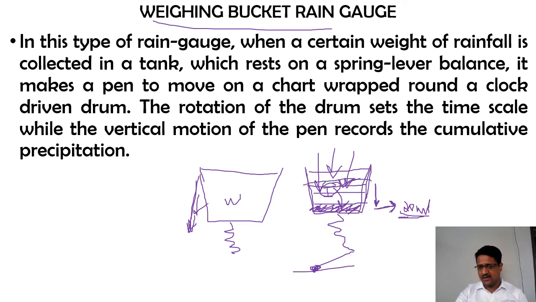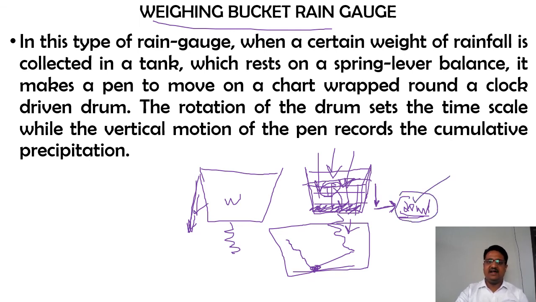This liquid will provide the calibrated amount of weight onto the spring, and then the graph is drawn. So this is how, with a small modification of adding some quantity of antifreeze, you can measure snowfall through this weighing bucket type of rain gauge station. This is one of the advantages when you compare it with the tipping bucket type of rain gauge stations, right?